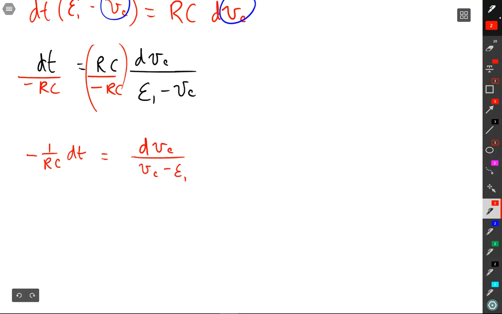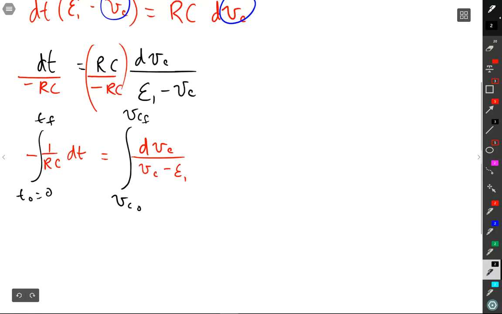Now I integrate both sides from voltage C initial to voltage C final, and time initial equals 0 because we arbitrarily set the time we flip the switch to 0, and time final. And we integrate.